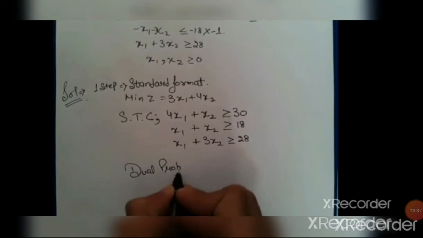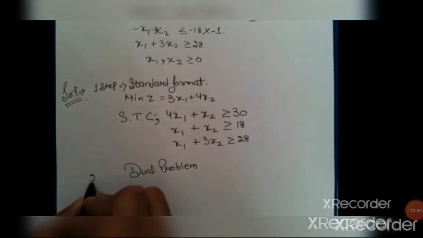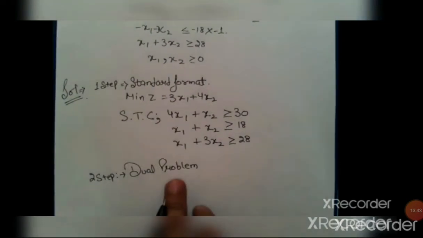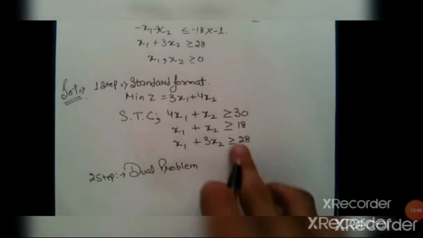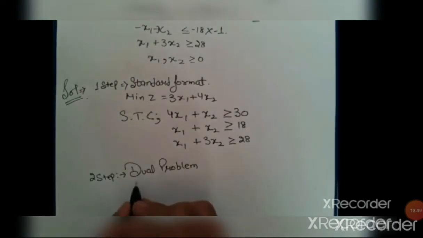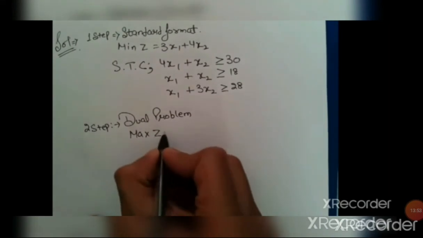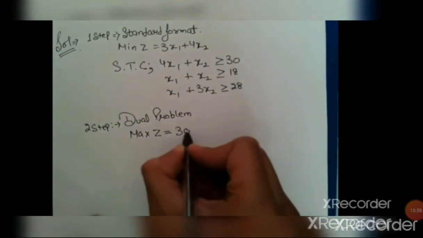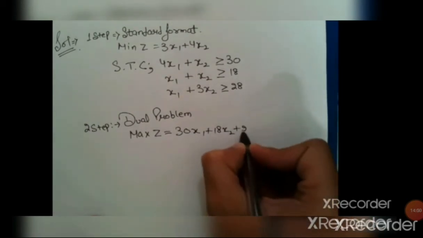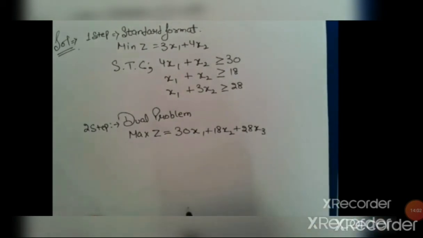Then what is the dual problem? You convert its objective function into the right hand side and the constraint right hand sides into the objective function. So the dual is maximize z equal to 30x1 plus 18x2 plus 28x3.